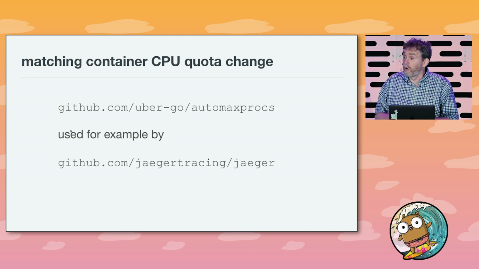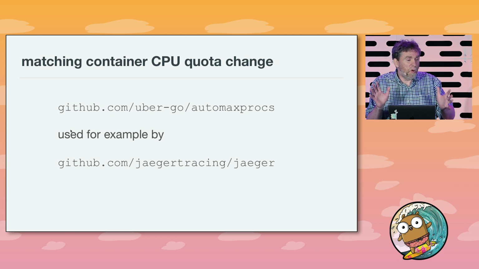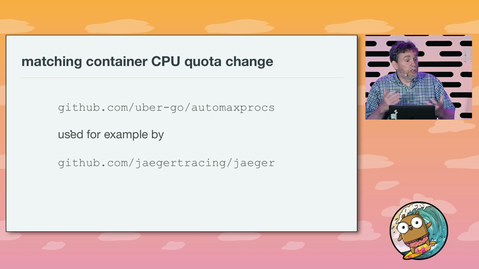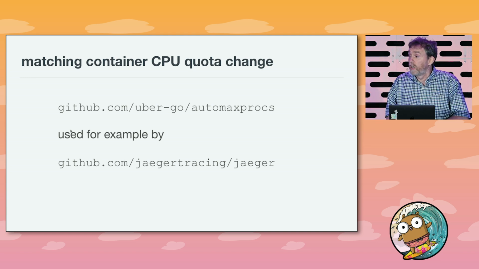So for instance, suppose a running container has 6 CPUs available to it, but the system doesn't want it to use so many resources, so it reduces the number of CPUs available to that container, say down from 6 to 4. But there's a Go program running in that container, and you don't want that to think there's 6 available CPUs. You want that to match what's just happened to the container. So people use GOMAXPROCS to do just that. When the resources change on the container, the running program can match what happens to the container.